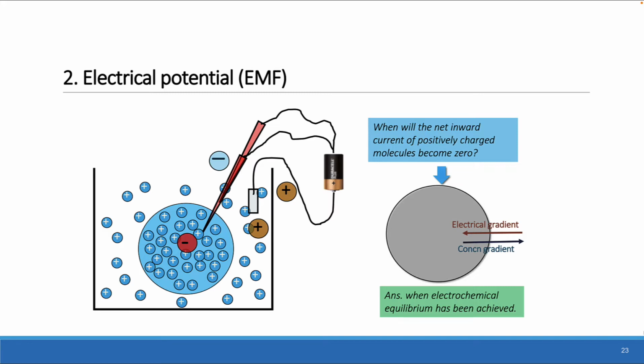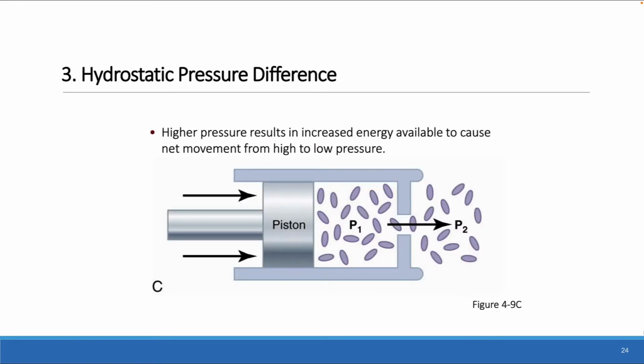And that's what we're going to look at when we talk about how electrical potentials happen. The other thing that affects this is the hydrostatic pressure difference. So hydrostatic pressure is essentially blood pressure. Let's just think of it that way. When we have a higher hydrostatic pressure, that can facilitate movement across a membrane as well.